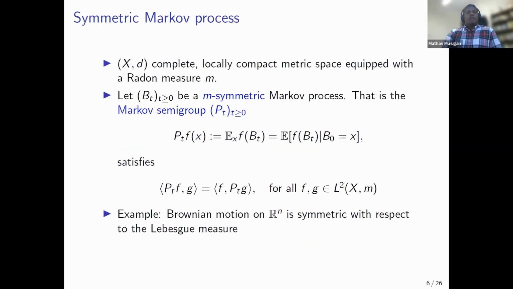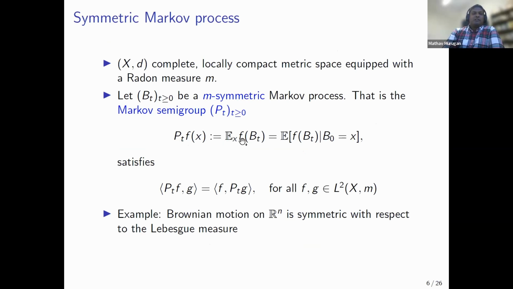More generally, if one has a complete locally compact metric space equipped with a Radon measure m and some diffusion process B_t, think of this as some kind of Brownian motion, which is symmetric with respect to the measure m, then one has the corresponding Markov semigroup, which is defined in the usual way.